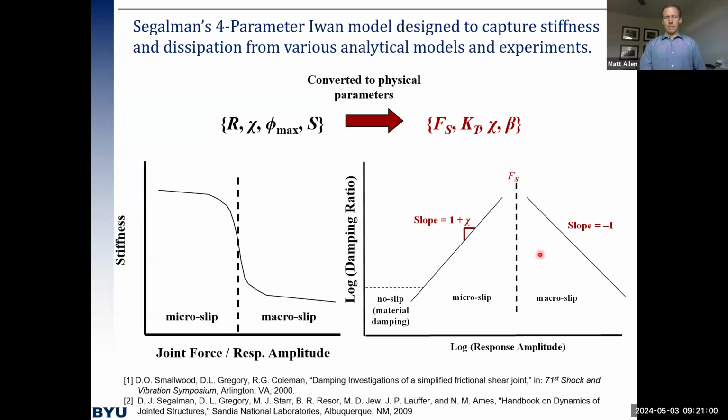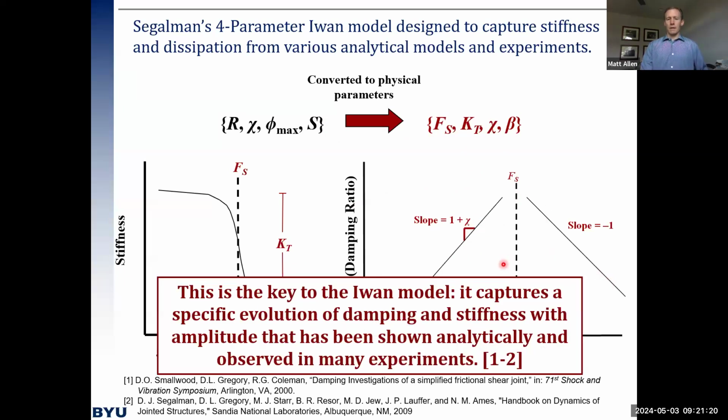So that's the 4-parameter I1 element. The mathematical parameters, we usually write the parameters in terms of Fs, Kt, chi, and beta. We don't need to get into all the details, but there's stiffness, the slip force, the power loss slope, and another parameter. And as I said, this captures the behavior that's been observed in a lot of experiments. So it's a powerful model.